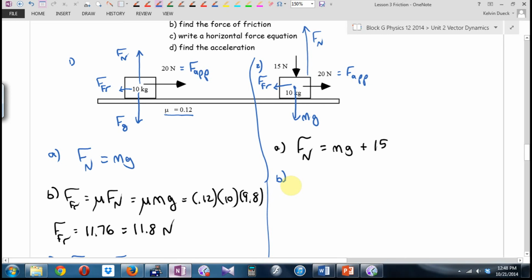Part B says, find friction. Josh, friction is what times what? Careful, is normal force mg this time? Nope. So it's going to be 0.12 times mg plus 15.